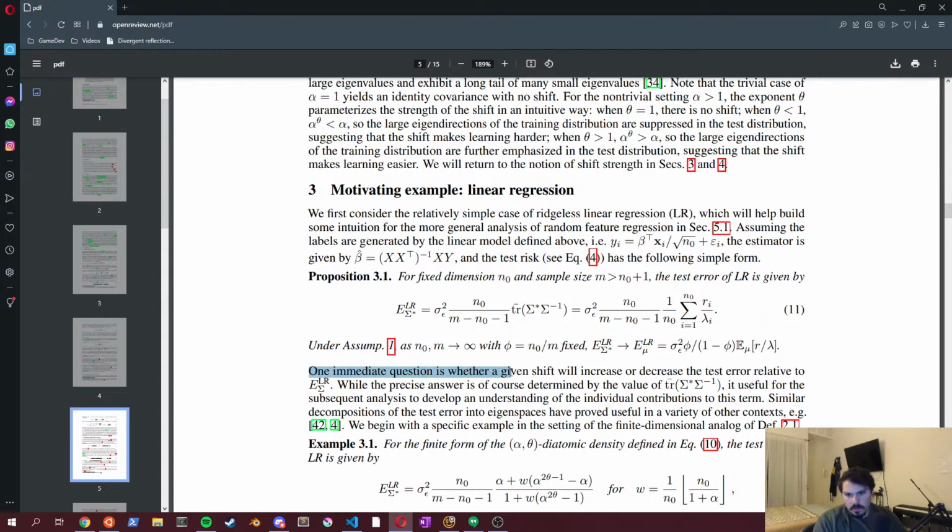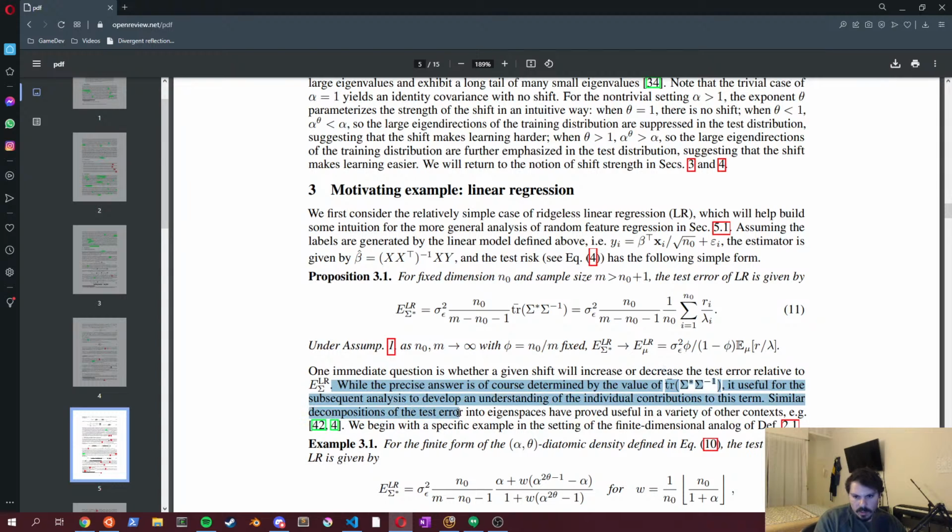One immediate question is whether a given shift will increase or decrease the test error relative to the expectation value, while the precise answer is of course determined by the value of the trace. It is useful for subsequent analysis to develop an understanding of the individual contributions to this term.